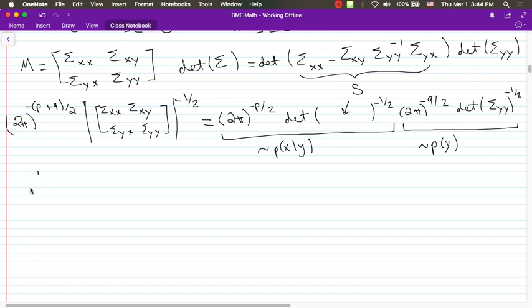All right, now comes the inverse that I have to split. So the rest of my normal distribution has this exponential that has a minus 1/2 times x minus its mean, y minus its mean, times this matrix inverted.